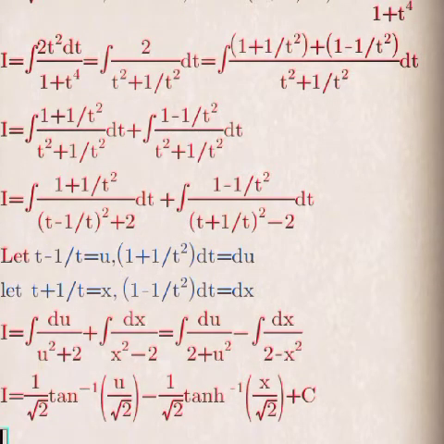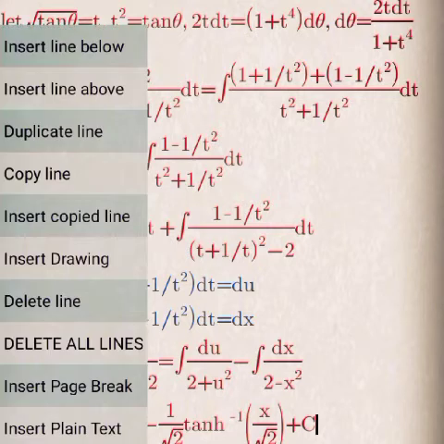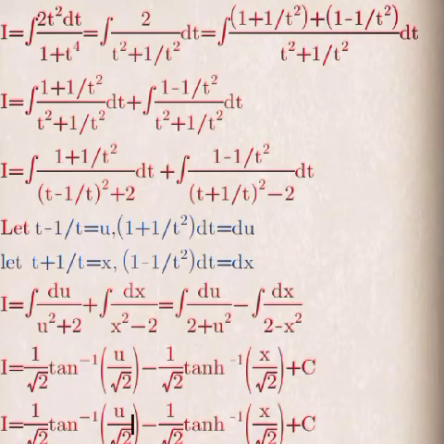Now I'm substituting back the u. We said from here our u is that, and from here we said our x is that. So I'm substituting back now. Instead of u, I'm writing, and remember it is t minus 1 over t.